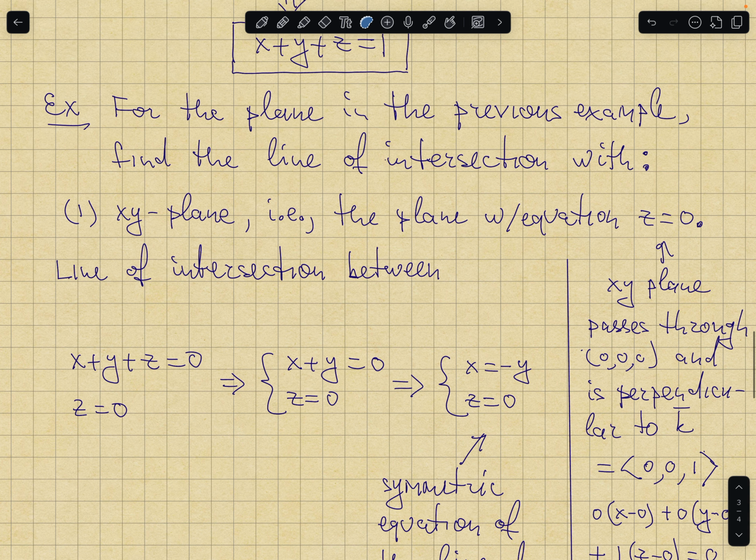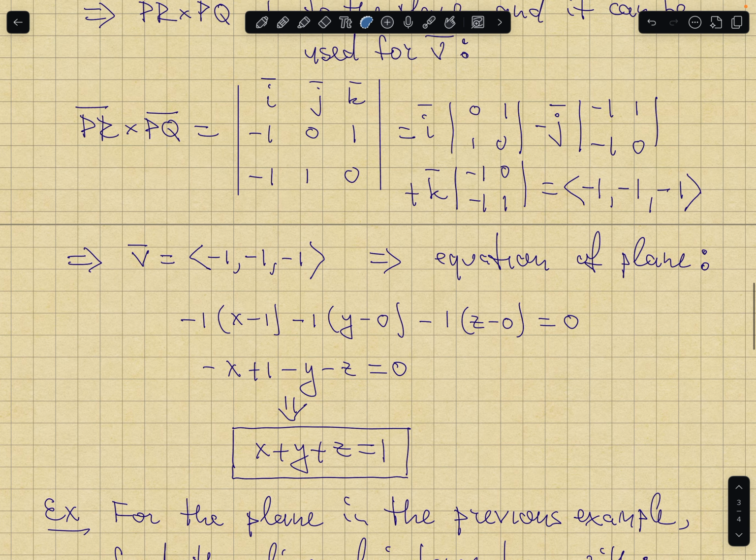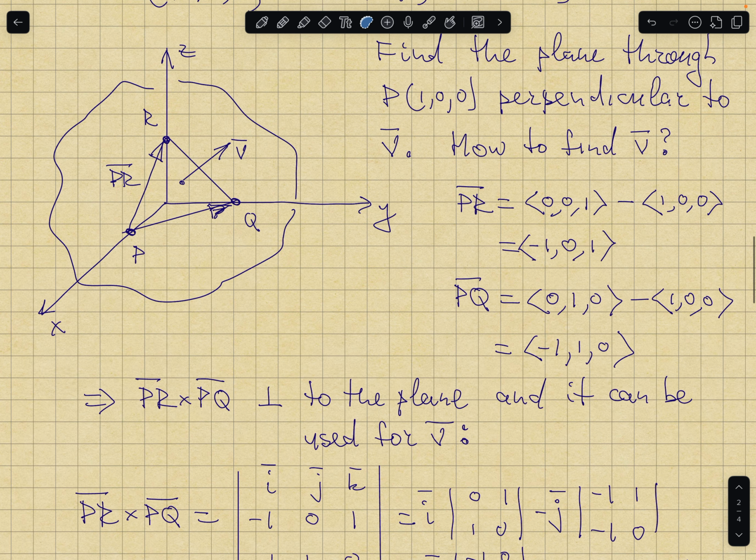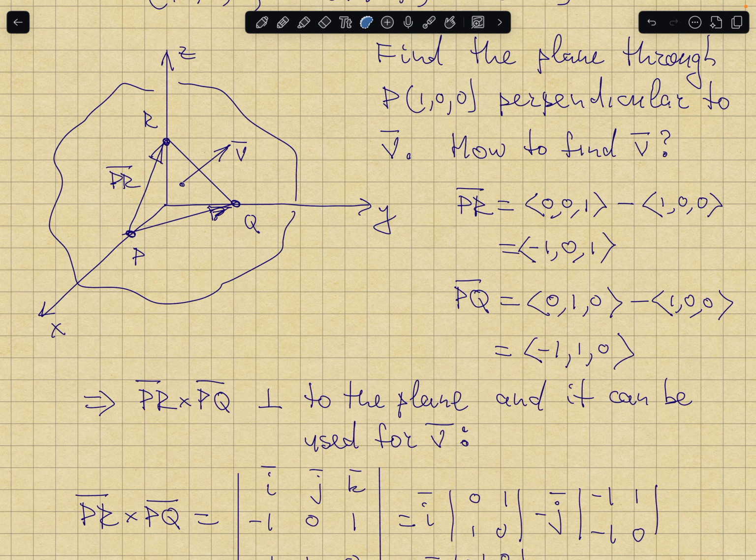And let's check if that actually corresponds to the intuition. For our plane, all intersections with the x, y, and z axes were equal to 1, right?